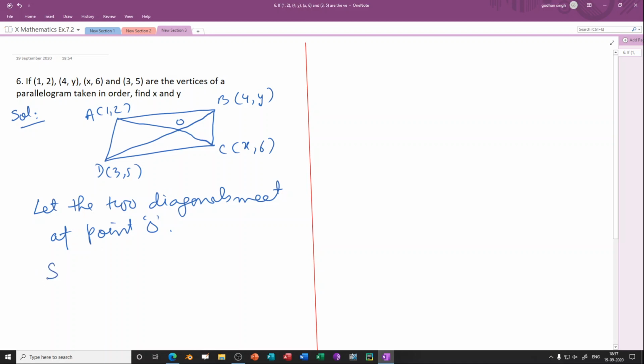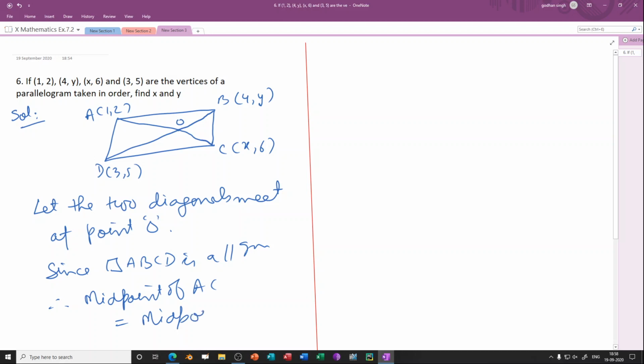Since quadrilateral ABCD is a parallelogram, therefore we can say that midpoint of AC equal to midpoint of BD. So now we'll apply the midpoint formula, that is x1 plus x2 by 2 and y1 plus y2 by 2.